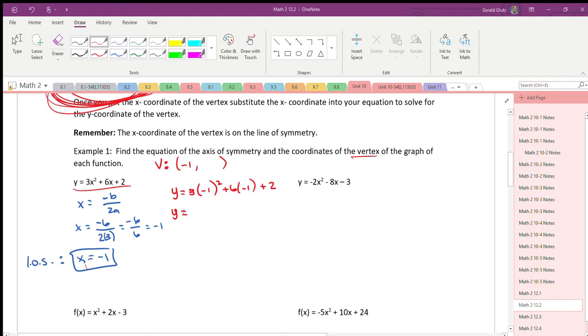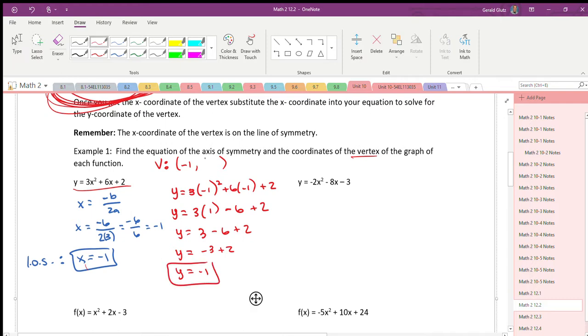Exponents come first in order of operations. So 3 times negative 1 squared. Negative 1 squared is just positive 1. 6 times negative 1 is negative 6 and then plus 2. So 3 times 1 is 3 minus 6 plus 2. 3 minus 6 is negative 3. Still have that plus 2. So negative 3 plus 2 is negative 1.